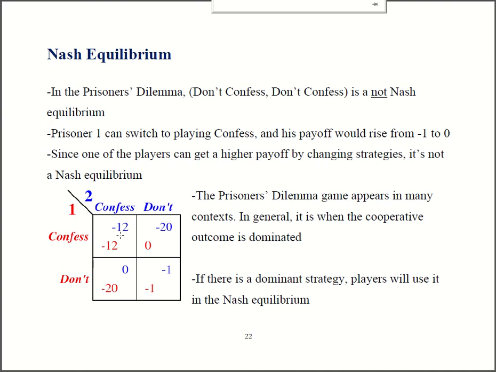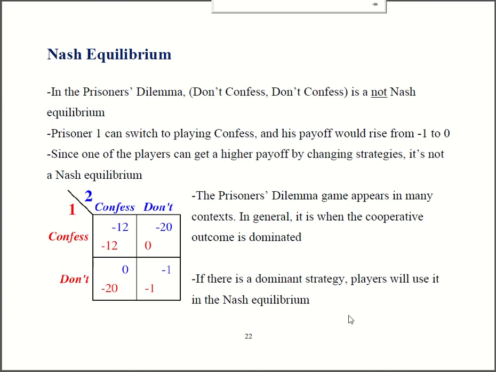That's an improvement. So prisoner 2 does have incentive to change their strategies. So this outcome here is also not stable. By the same logic, this outcome over here is also going to be unstable and not a Nash equilibrium. So the unique Nash equilibrium is both players confess.